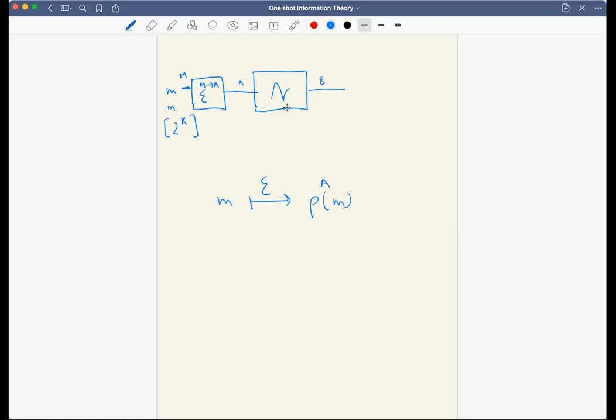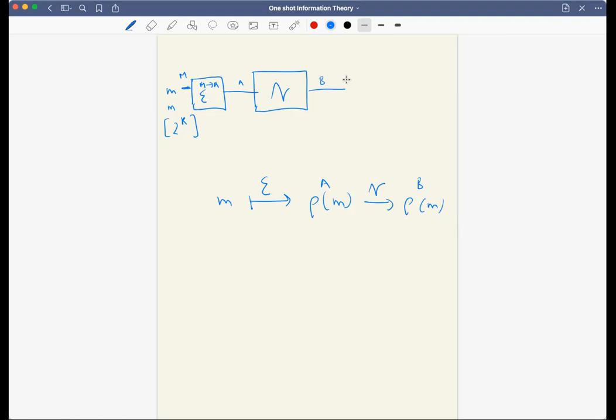Now this N acts on the input state, which happens to be rho M out here, and at the output it creates a density matrix. Let's give some name for this: rho B given M. Note this notation: I've put in this M here to show that it's sensitive to the classical message, and the superscript says on what Hilbert space it lives, the input Hilbert space and the output Hilbert space.